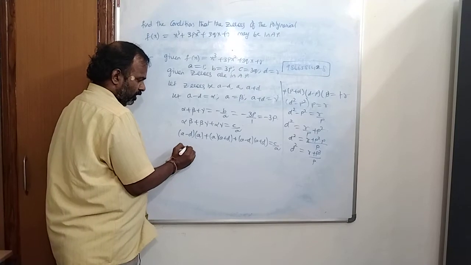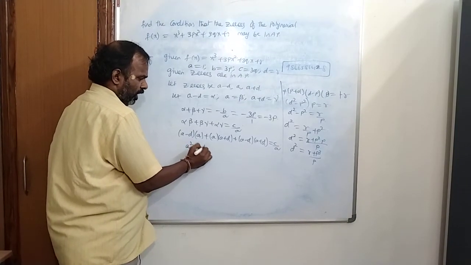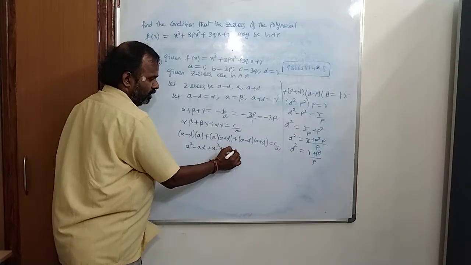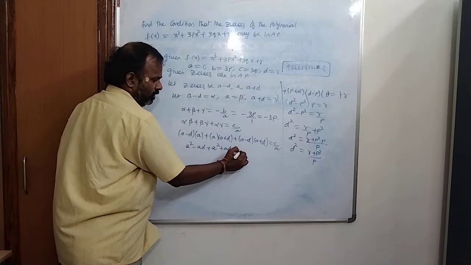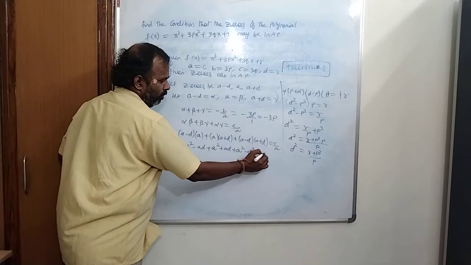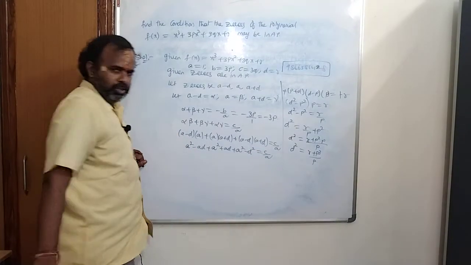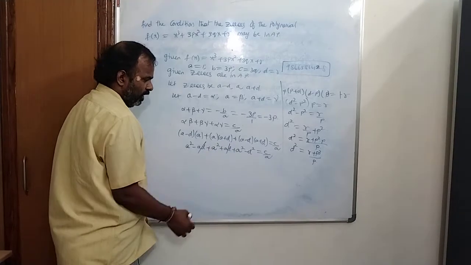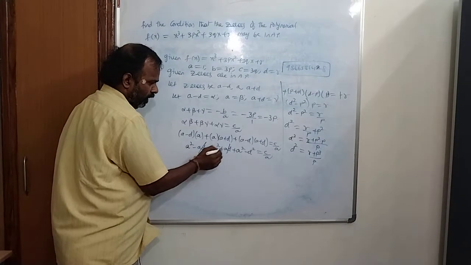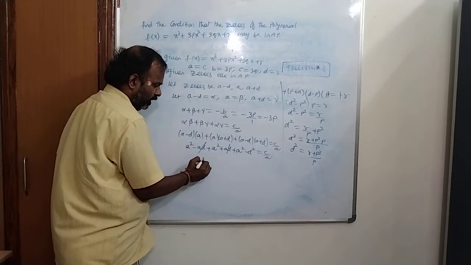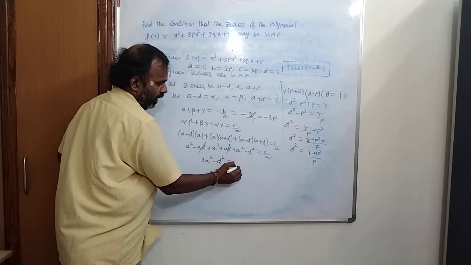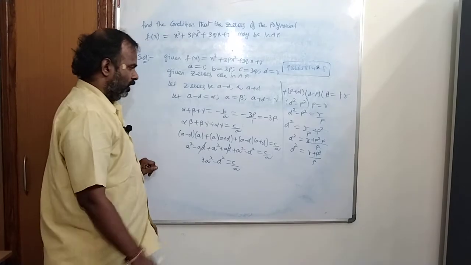So here it is a square minus ad, this is a square plus ad, and this is a square minus d square is equal to c by a. So minus ad plus ad cancel. a square plus a square plus a square, 3a square minus d square is equal to c by a.